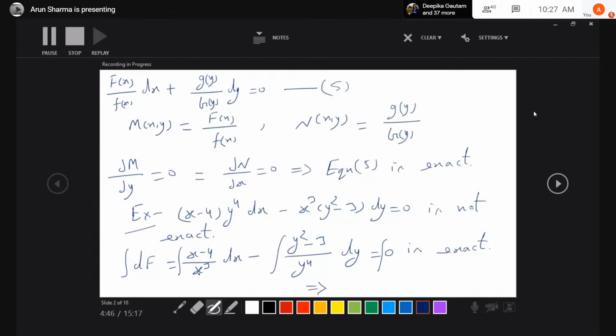x upon x cube means 1 upon x square. The integration of 1 upon x square becomes minus 1 upon x.